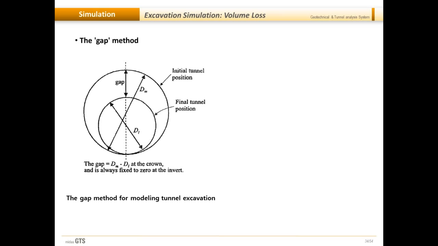When we begin the modeling, we have to induce this kind of void in the mesh, let it deform by removing certain traction boundaries, and then monitor the displacement of the nodes. Once the displacement of the nodes is controlled between the two stages, we realize that the soil strata has stabilized after this excavation, and that should be equal to our required tunnel diameter. So it requires a lot of iterations.